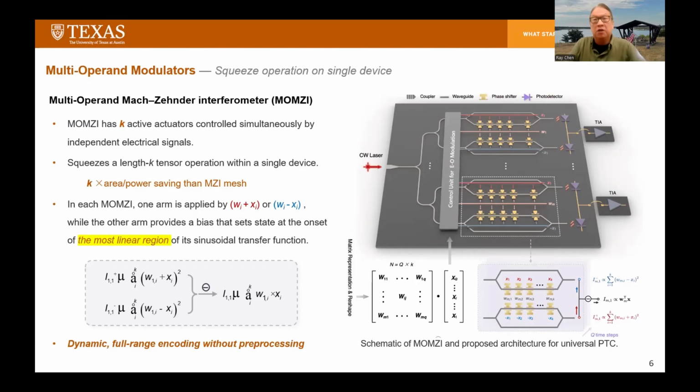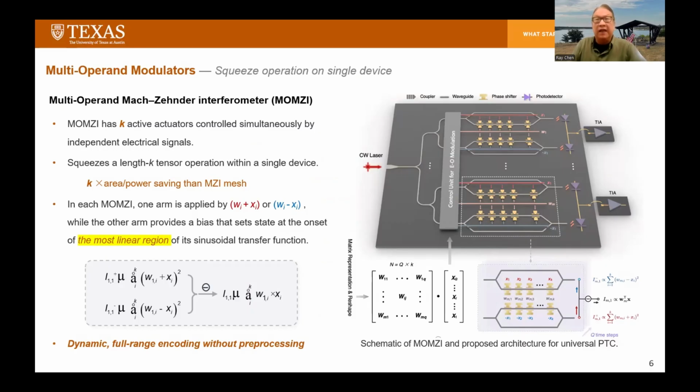Because it's analog computing in this case, the linearity of the transfer curve is important, and also how can you avoid the high order nonlinear terms? By doing so, we can really improve the efficiency of the system.